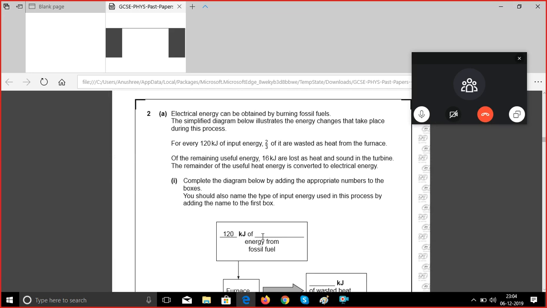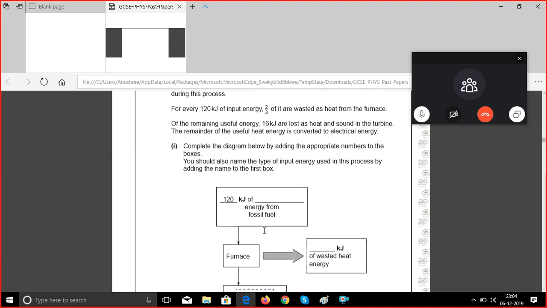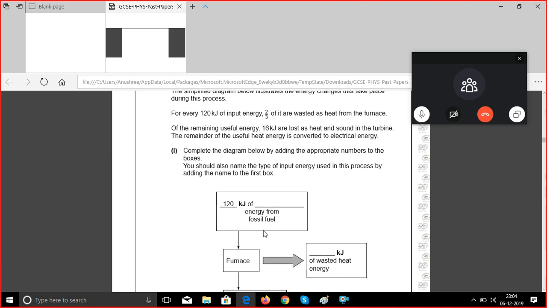Of the remaining useful energy, 16 kilojoules are lost as heat and sound in the turbine. The remainder of the useful energy is converted into electrical energy. Complete the diagram below by adding the appropriate numbers to the boxes and the type of input energy.